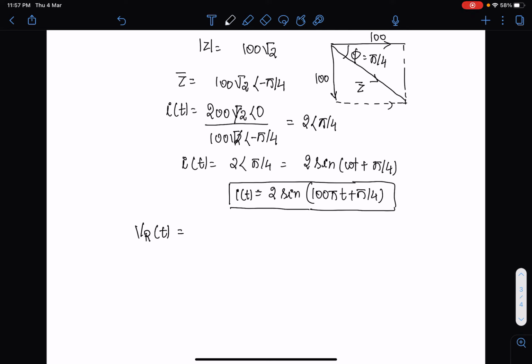So V is equal to VR phasor. We'll write here VR phasor, VR phasor we will write as I phasor into R phasor. So I phasor we have already written here, 2 angle π/4.